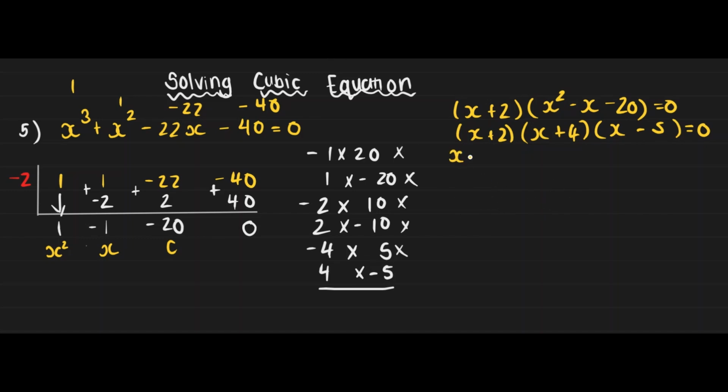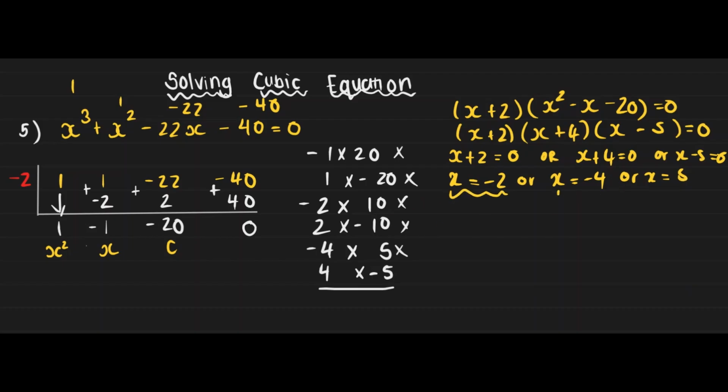So it's going to be x plus 2 equals 0, or x plus 4 equals 0, or the last one is x minus 5 equals 0. So x is going to be equal to negative 2, or x is going to be equal to negative 4, or x is going to be equal to positive 5. So this will be your final solutions.